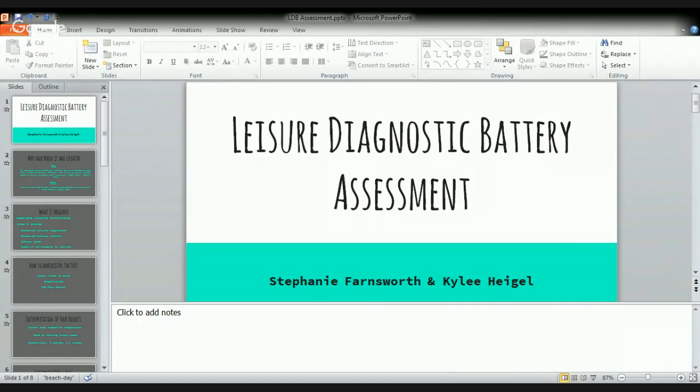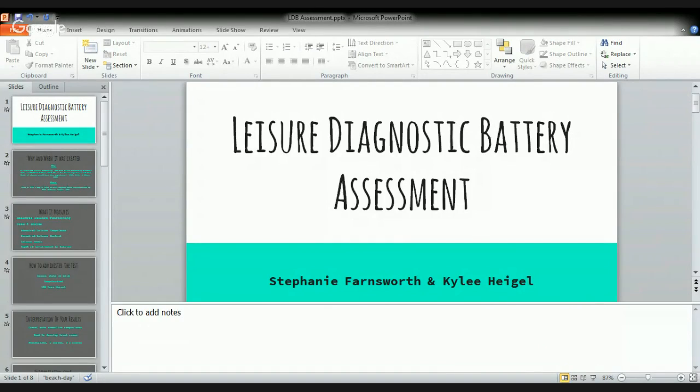So Witt and Ellis realized that these approaches had limitations, and they believed that leisure could be a state of mind as well. And so they set out to design an assessment for that, and that is where we get this Leisure Diagnostic Battery assessment. They created this in 1989, and then a computer-based version was created in 2008.